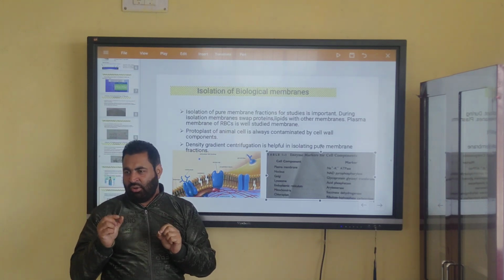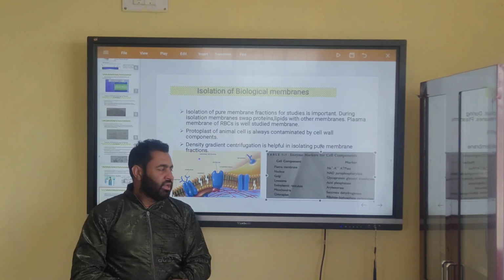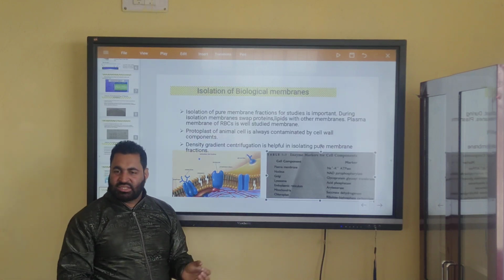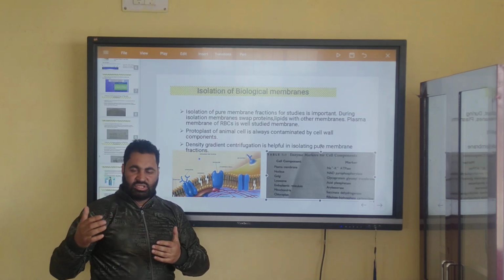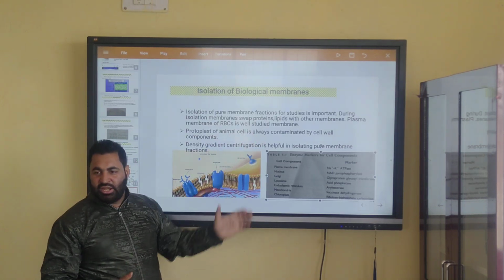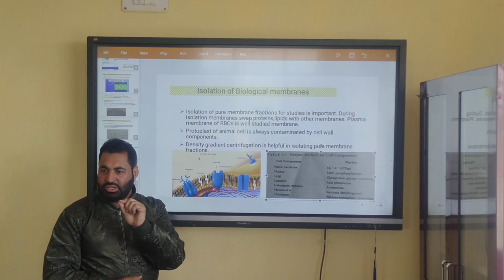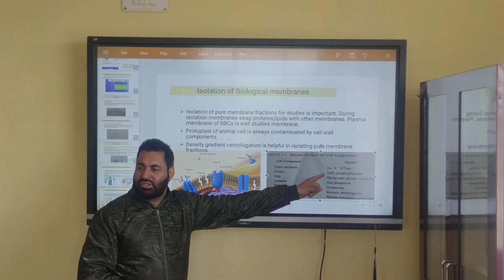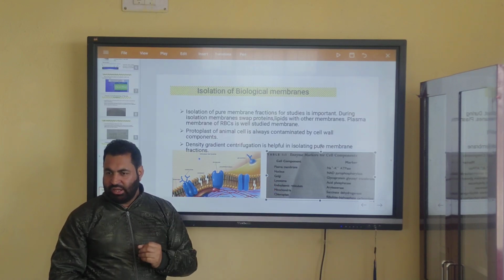Those organelles also have membranes. The lysosome has a membrane, the nucleus has a nuclear membrane. So how can we assess, after density gradient stratification, whether the membrane we have isolated is pure or not? We will assess its purity if it has a high concentration of the marker molecule for that particular organelle.